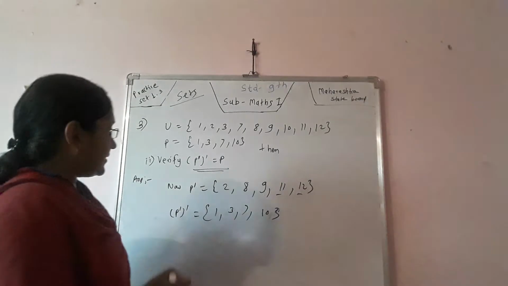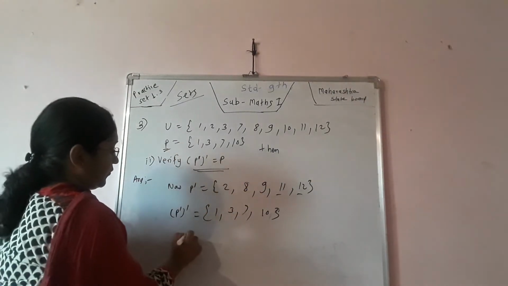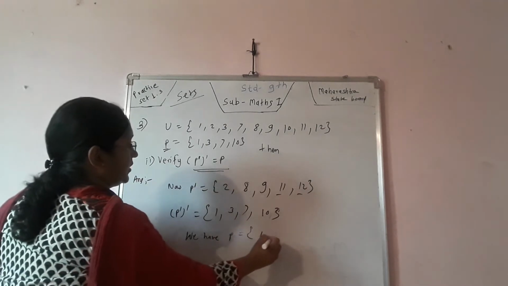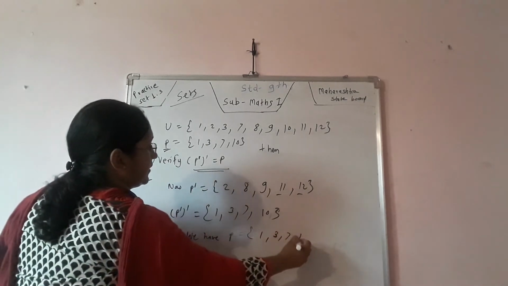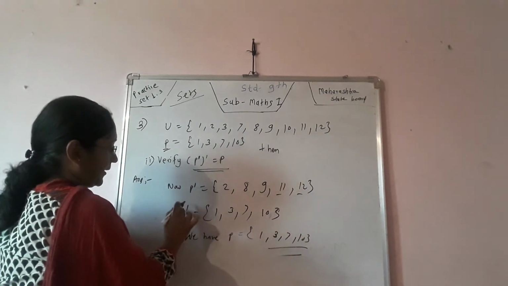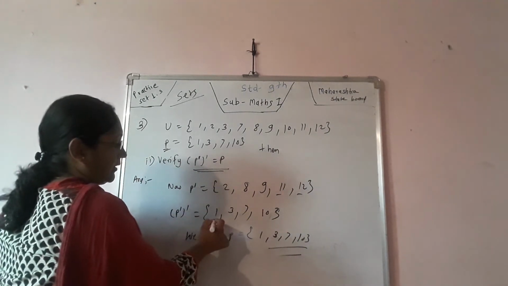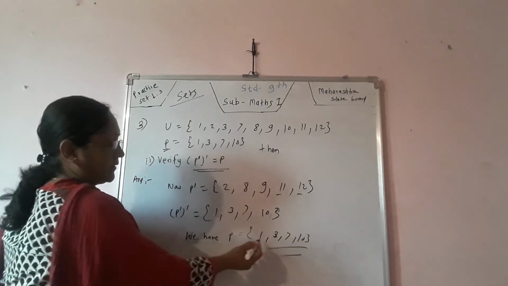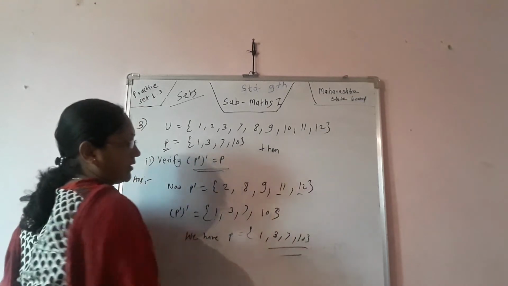And we got the answer because set P we have P equals 1, 3, 7, 10. So the complement of complement set contains 1, 3, 7, 10 and P set contains 1, 3, 7, 10.